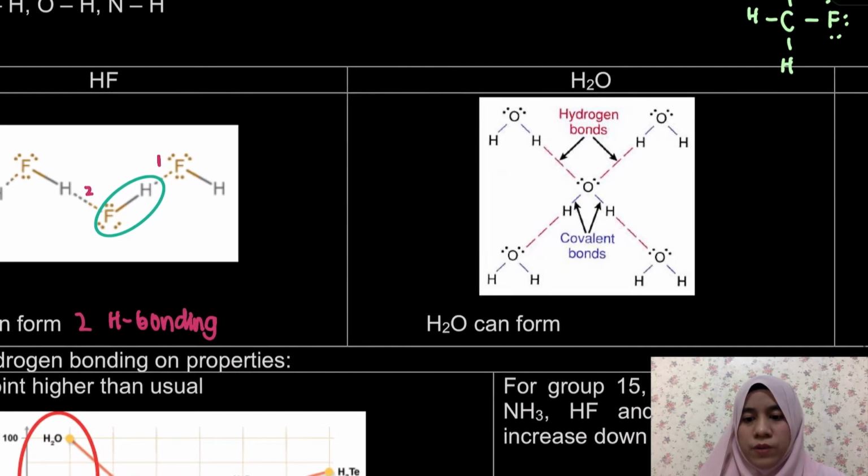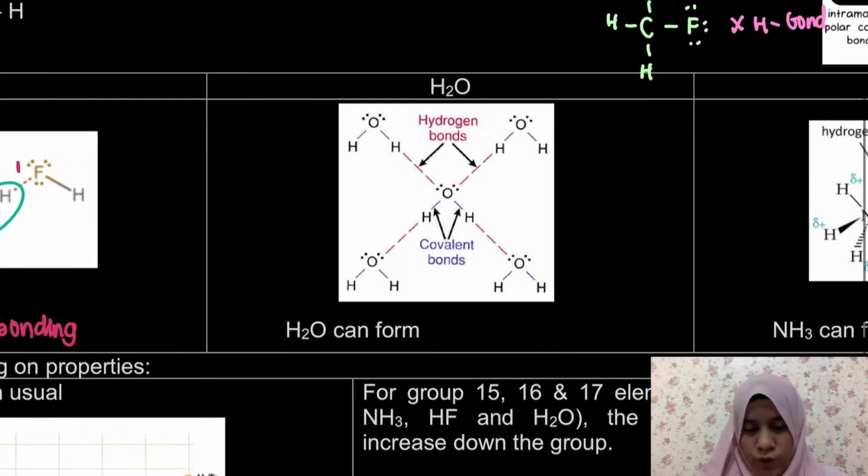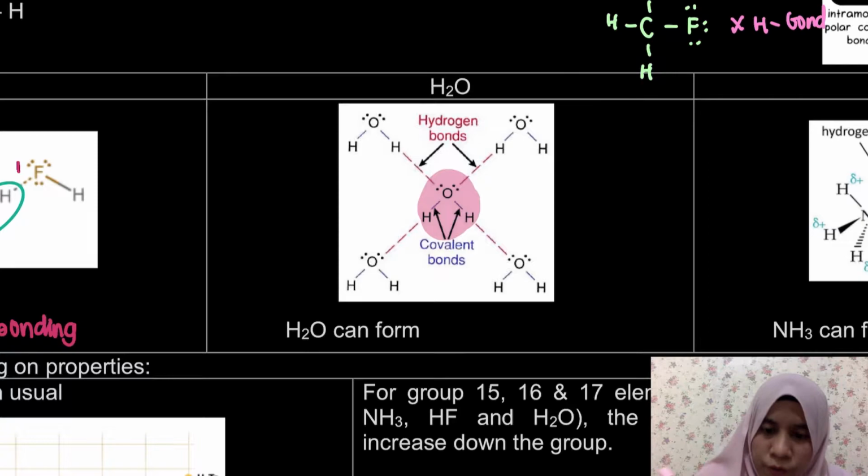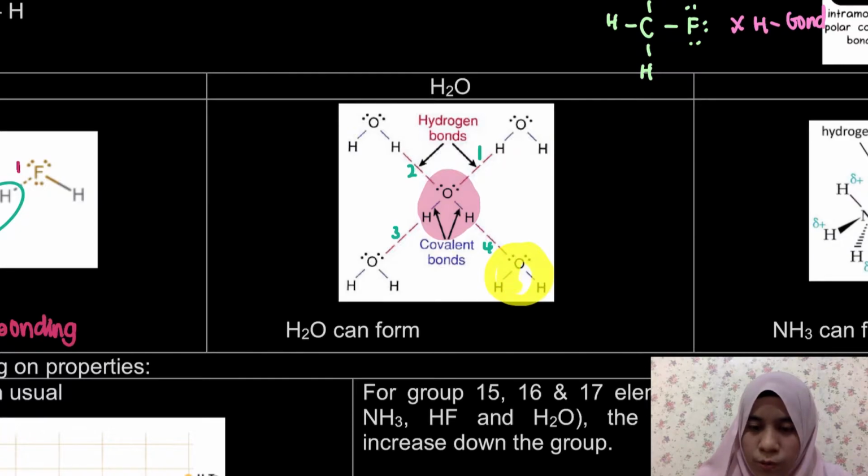Okay, in terms of H2O, I'm just going to write down. This is my center. This is my H2O. How many hydrogen bonds can it form here? It can form 1, 2, 3, 4. Even though the structure here only shows this, this water can actually form more with another water.